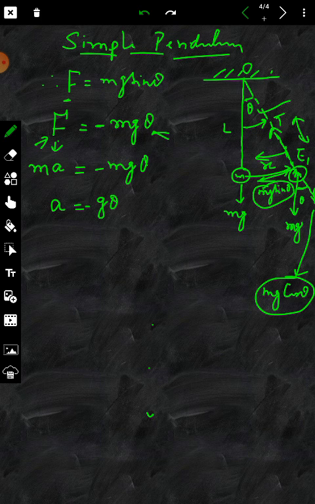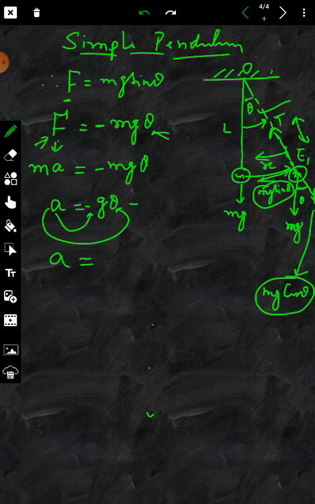So here we understand that acceleration is directly proportional to the displacement, whether it is angular displacement or linear displacement, and it is also directed opposite to the displacement. We can also substitute the value of theta here to get a different form of this equation.